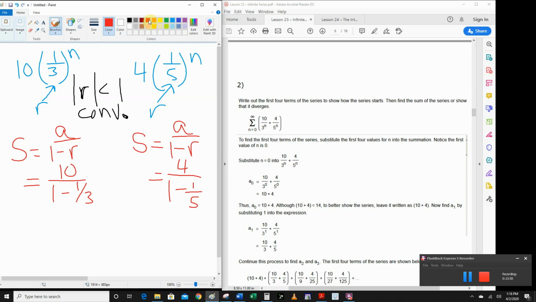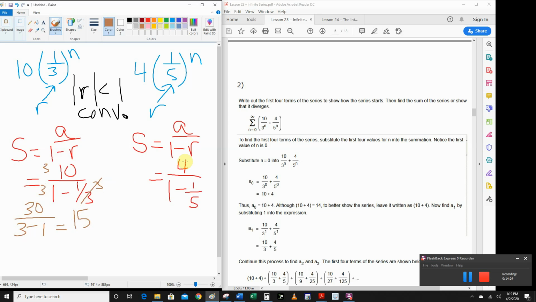Again, a simple way to reduce a complex fraction is to multiply the entire complex fraction by your least common denominator. For the first complex fraction, that is 3. So that simplifies to 30 over 3 minus 1, and that gives us 15 for the first half of our sum.